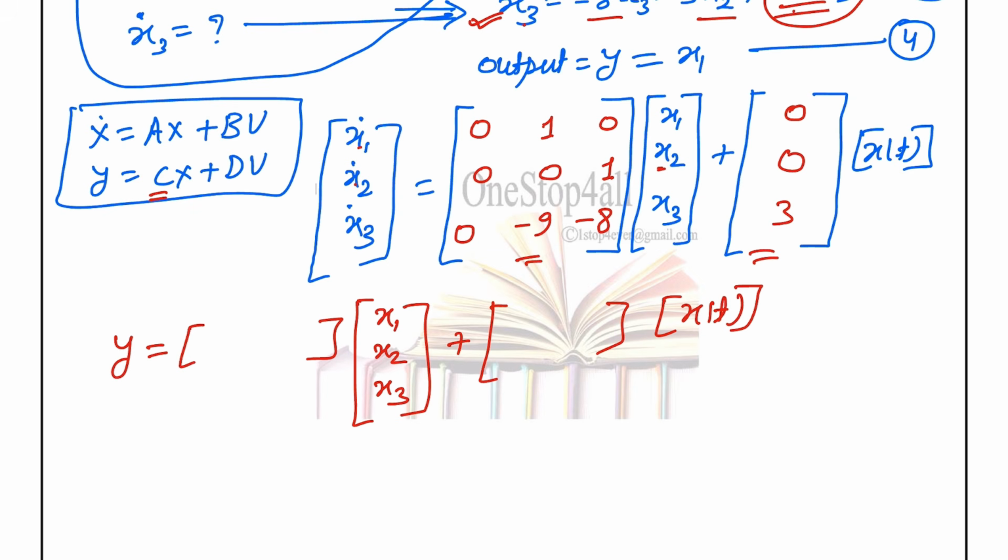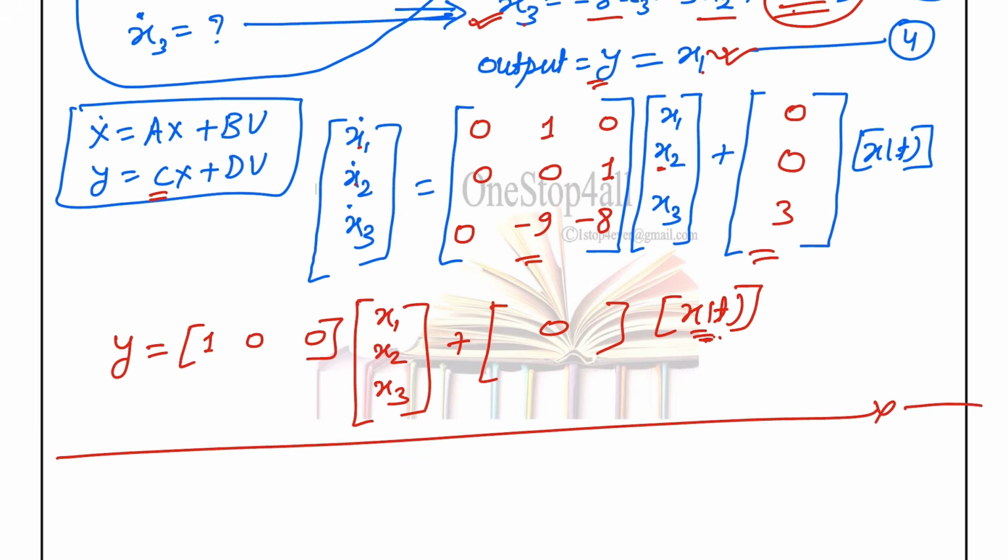So, what will be the C matrix? y equal to only x1 component, no other component. So, x1 component will be 1, x2 component will be 0, x3 component will be 0. Similarly, D: y equal to only x1, there is no component of x of t, because x of t means input, and the output is independent of it. So, this will be 0. So, this is your final state space equation.